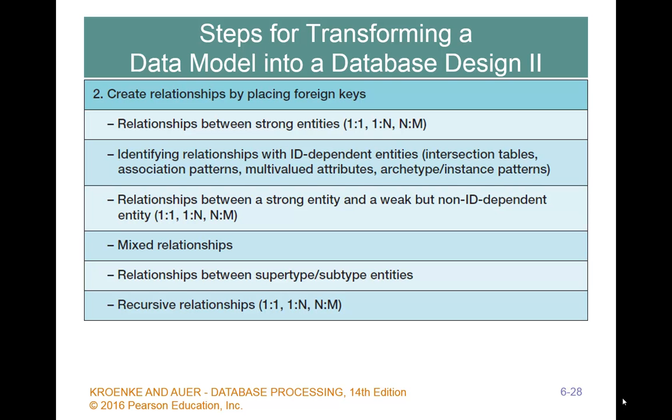If we have any of those, we need to transform those into database designs in regards to creating relationships between those supertypes and subtypes. And then lastly, any unary relationships, or degrees of one, or recursive relationships, we need to look at the same way, using the same concepts that we've used between our strong entities.